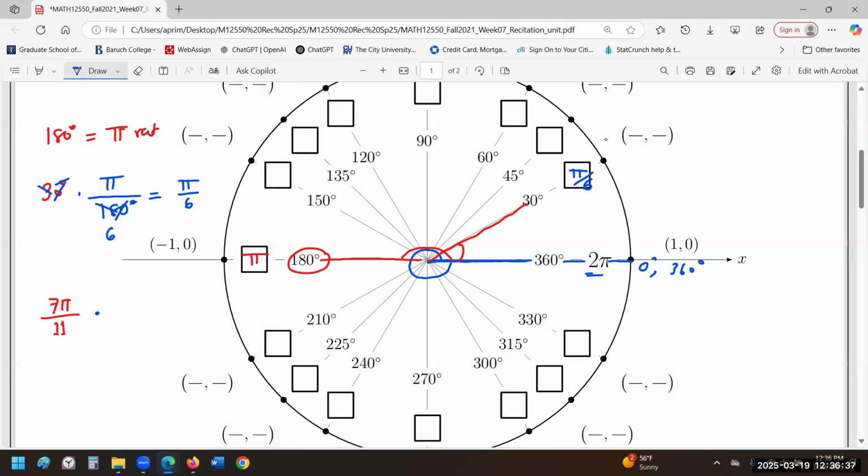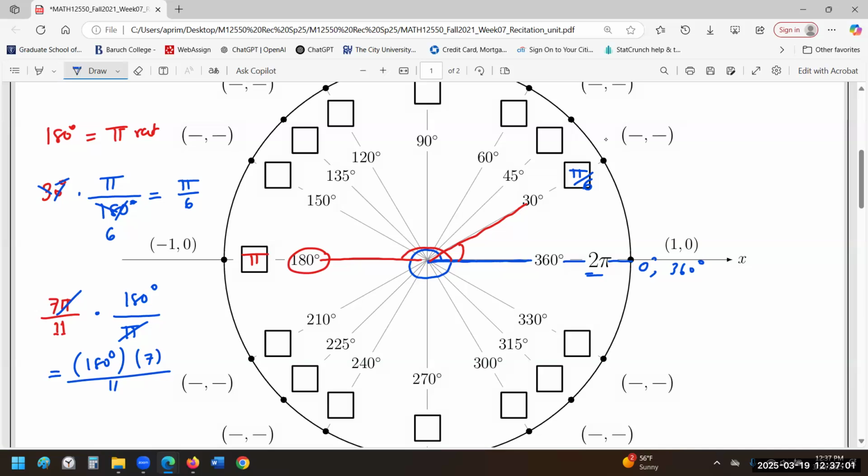Now we don't want the radians, so we put pi radians on the bottom and 180 degree on the top. So you see this pi radian and pi radian, they cancel out. And we have 180 degree times 7, and you divide by 11.